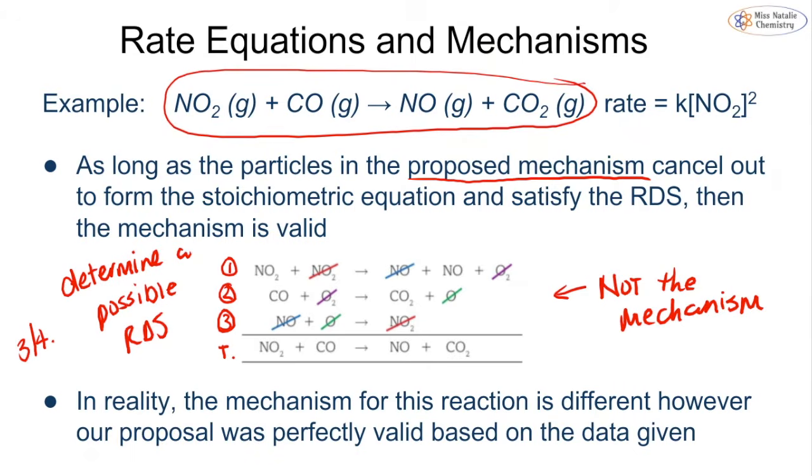Although we can determine our 2 or 3 possible reactants, we don't necessarily know what the products are going to be in a mechanism, because typically they are not the products in our stoichiometric equation. So as long as your mechanism cancels out to give you the stoichiometric equation, then it is a perfectly valid answer and you would get given the marks. As long as you do not include incorrect chemistry, you can still get the marks.